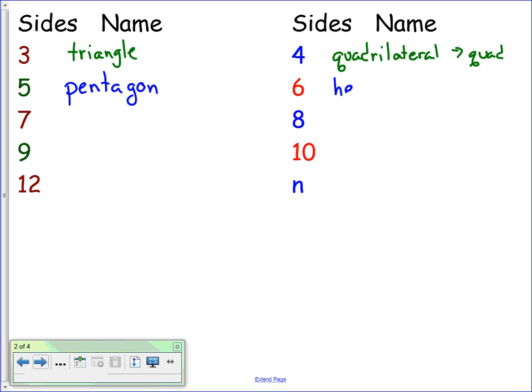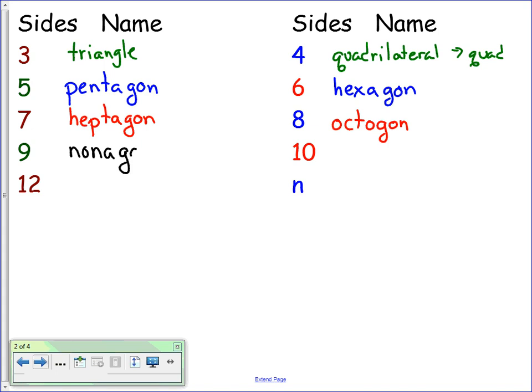6-sided, hexa, so we have hexagon. 7 is hepta, so we have a heptagon. 8 is octagon. 9, nonagon. 10 is deca, the prefix for 10, so it's a decagon. 11 we are not concerned about too much. 12 is dodecagon.